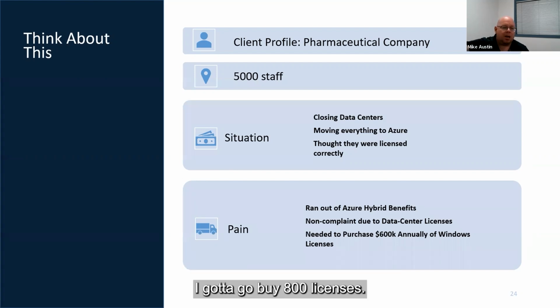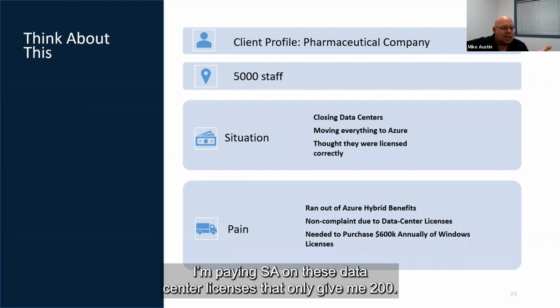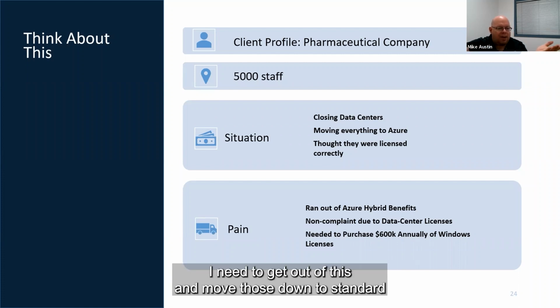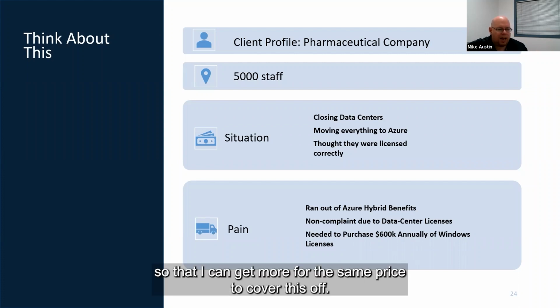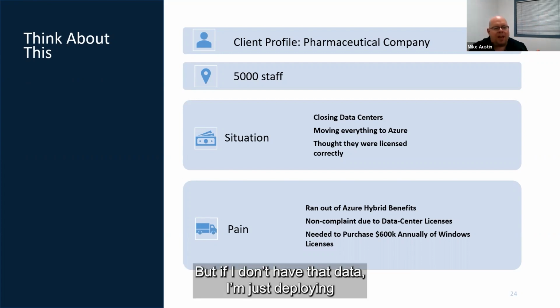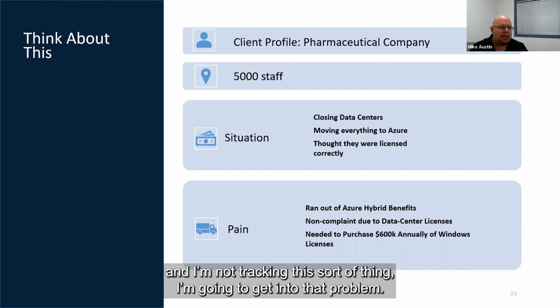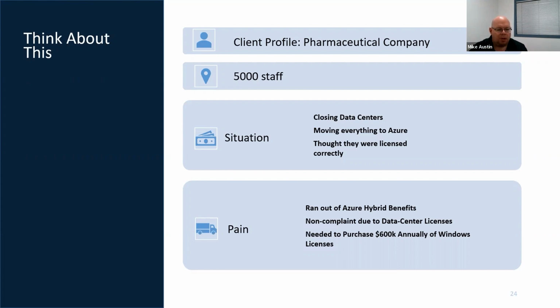I've got to go buy 800 licenses. I'm paying SA on these Datacenter licenses that only give me 200. I need to get out of this and move those down to Standard so that I can get more for the same price to cover this off, right? But if I don't have that data, I'm just deploying and I'm not tracking this sort of thing, I'm going to get into that problem, okay?